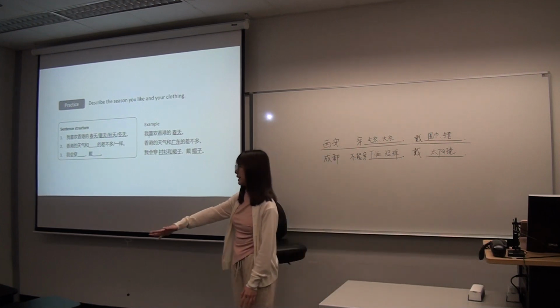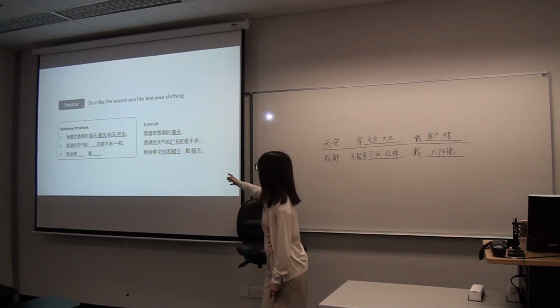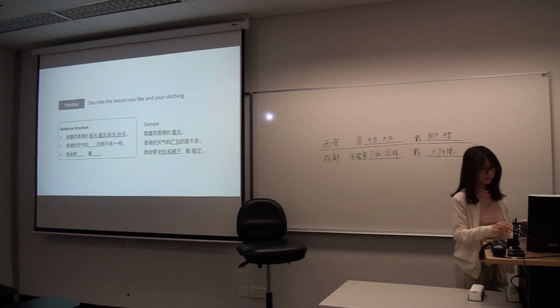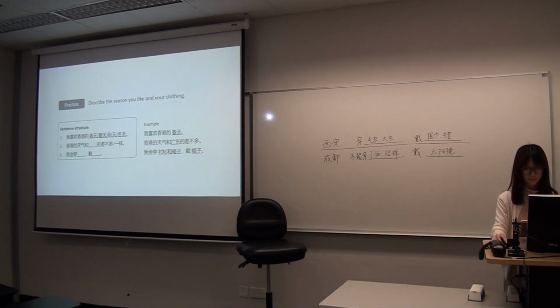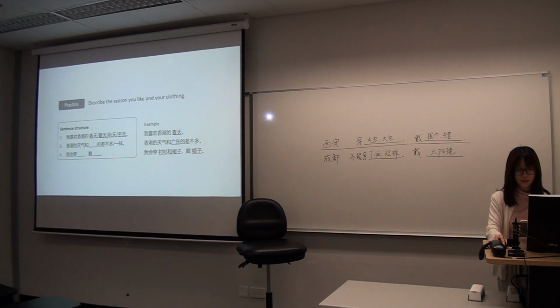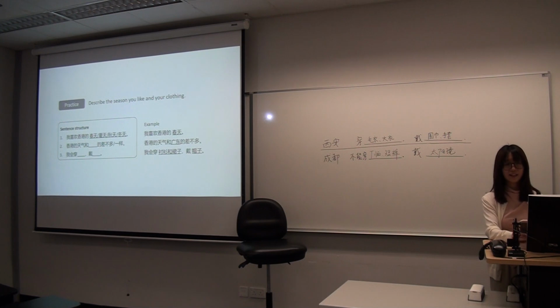Maybe Jianing, can you read out the example? 我喜欢香港的春天，香港的天气和广东的差不多。我会穿衬衫和裙子，戴帽子。So this is the assignment. Please follow the sentence structure to describe the season you like and your clothing. And this is the example. After you write down your answer, please upload it to Canvas discussion. And this is the end of today's class. Thank you for listening.